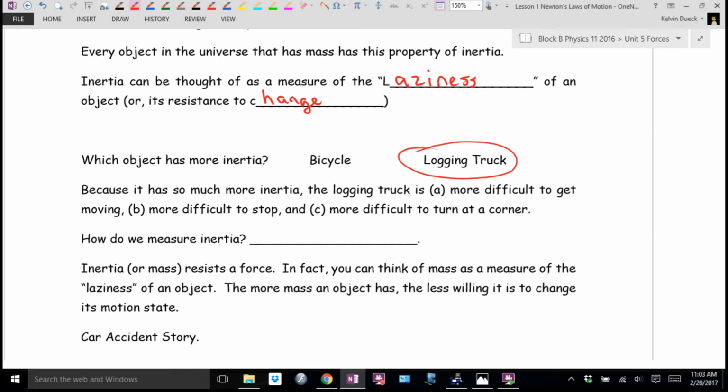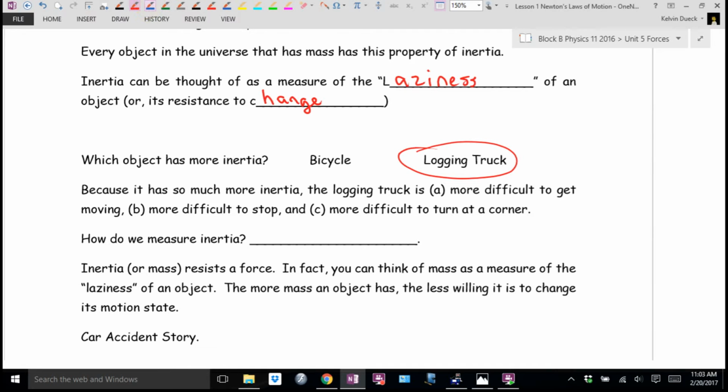If you've ever been at a red light behind a logging truck, you'll notice it takes them a long time to get moving. More difficult to stop. If you're driving a logging truck, you learn that you have to start hitting your brakes far sooner than when you're in a car. And more difficult to go around a corner, because to change its direction, it has a lot of inertia. It wants to keep going in a straight line. It's why logging trucks are more likely to tip over than a little Austin Mini.